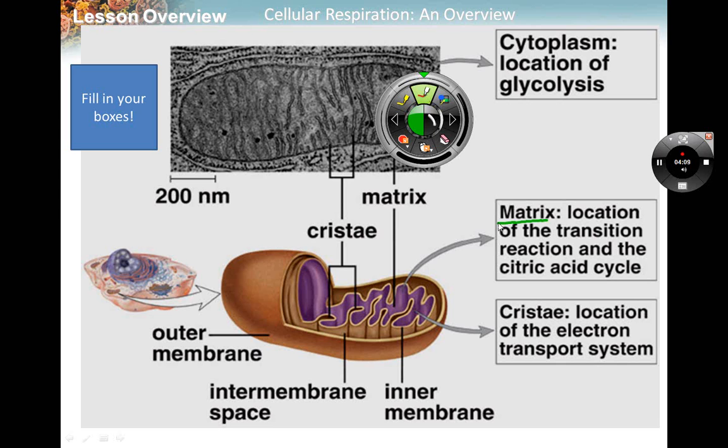The Krebs cycle is where the citric acid cycle and the transition reaction happen. The cristae is where the electron transport chain happens. Remember, ladies and gentlemen, this peanut thing here is the mitochondria. This here is an electron microscope picture of a mitochondria.